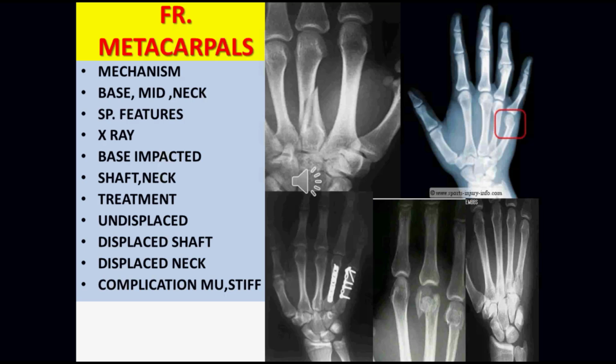Treatment: undisplaced fractures need no more than a bandage for 2 to 3 weeks. Displaced fracture of the shaft, if there is displacement or shortening of the bone, requires open reduction and internal fixation. Careful attention should be paid to correct the rotational deformity.